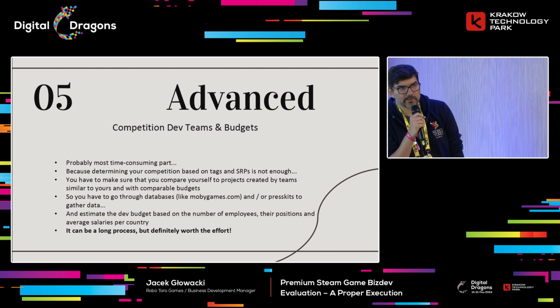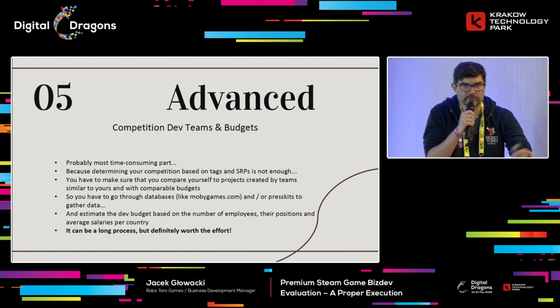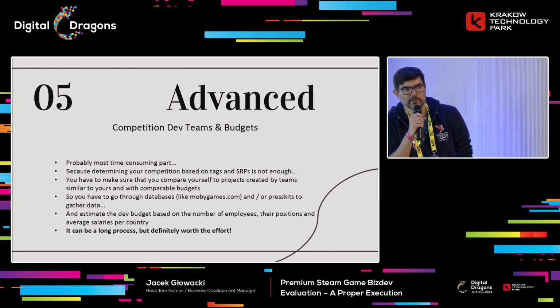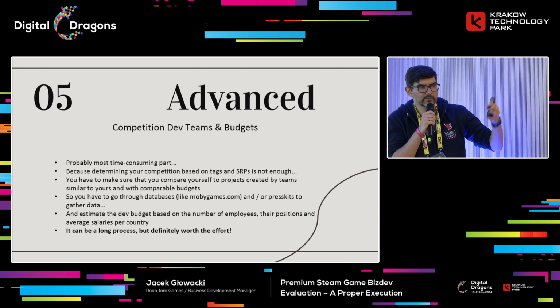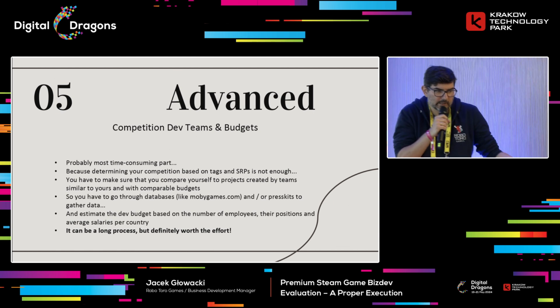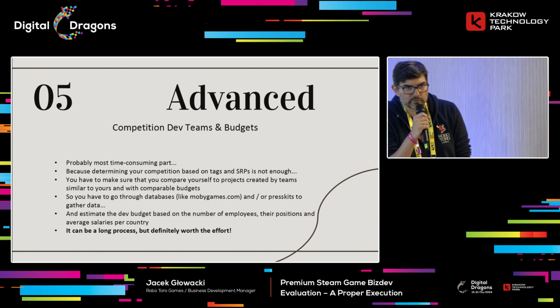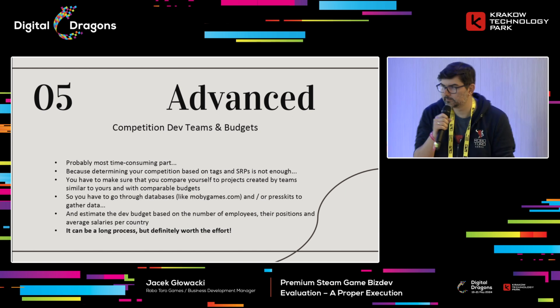It doesn't matter if the game costs $29.99 and your game is gonna cost $29.99. Please check if this game at $29.99 is not just one of 4 projects made simultaneously by a team of 150 people that is part of, I don't know, Embracer if it was alive, right? For example.